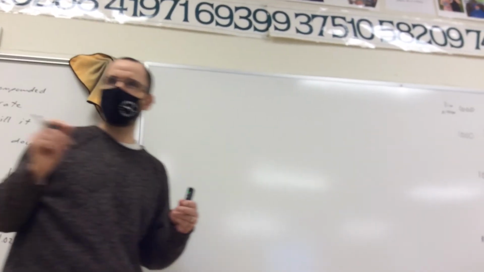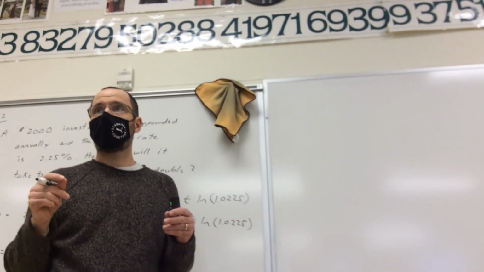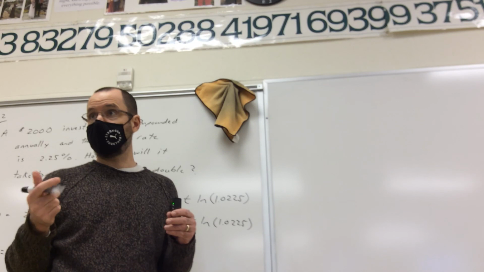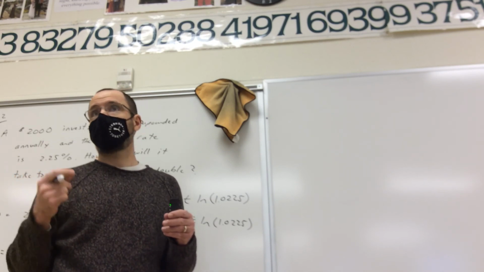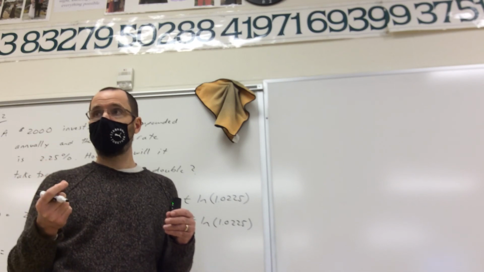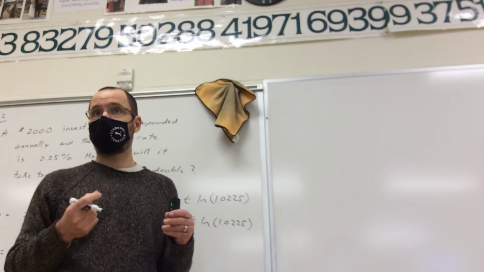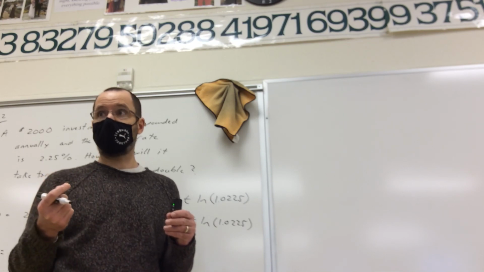Okay, so just a little bit of reminder about what's been going on. In a lot of the problems, like radioactive decay problems and other problems, they've said that the rate is proportional to the y value. So how do you say that mathematically?